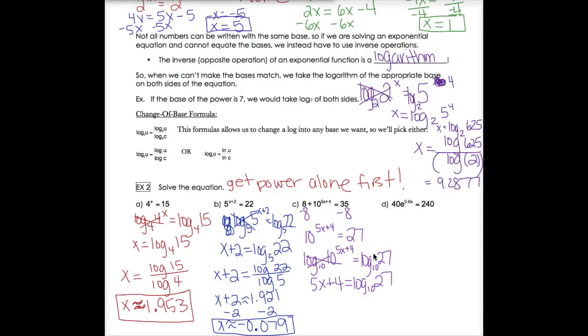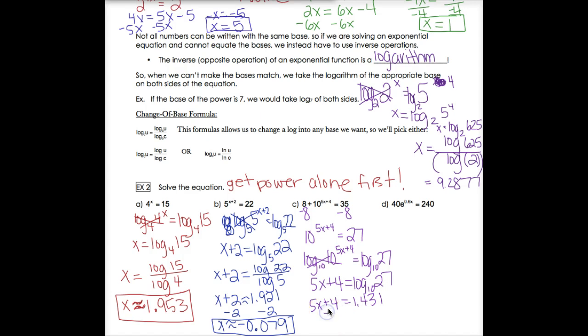So log of 27, if I type it in, is 1.431. So again, don't round this on your calculator. We have to round it when we write it because we can't write all of it.